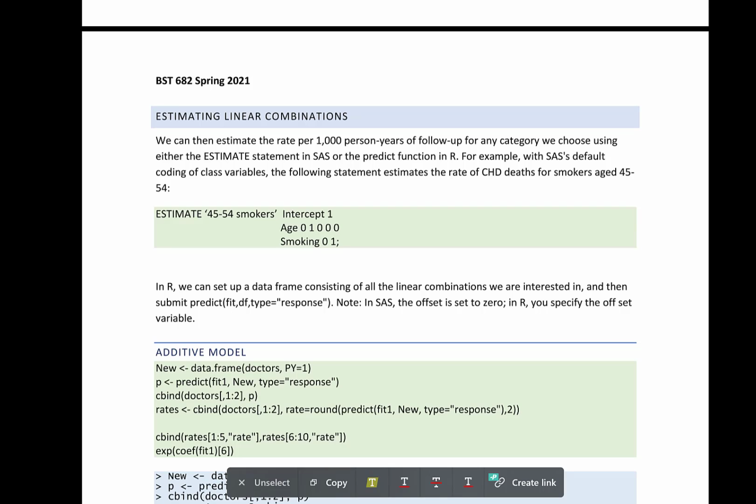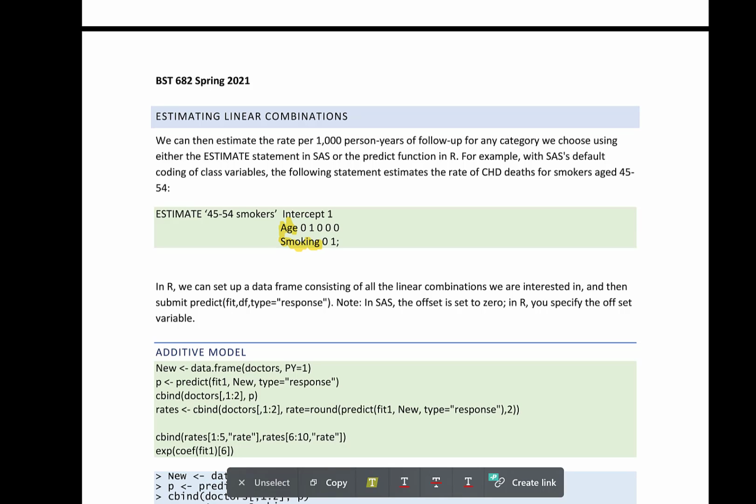Here you've got the estimate for the 45 to 50-year-old smokers, and then we've defined what that looks like. Notice we've got our two different explanatory variables, and we just have to remember in SAS how the different categories are ordered, because that's how you get your zeros and your 1 here.